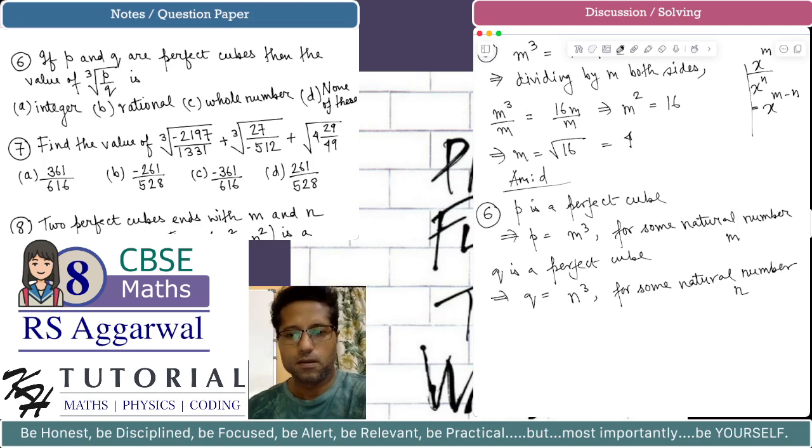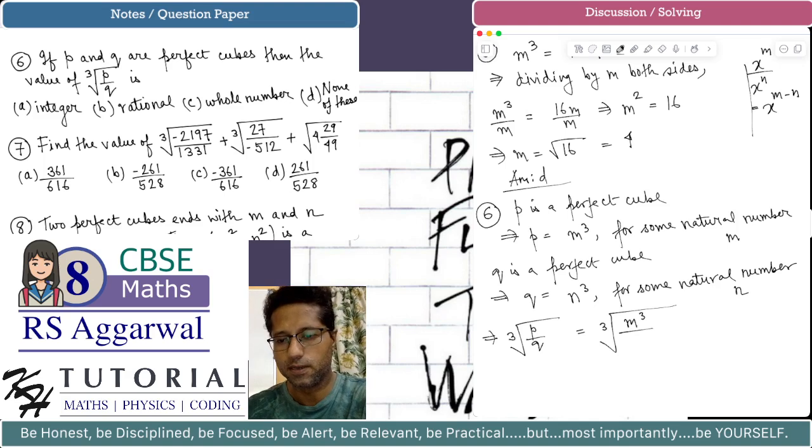Now this implies cube root of p by q is equal to cube root of m cube by n cube, and this is equal to m by n.